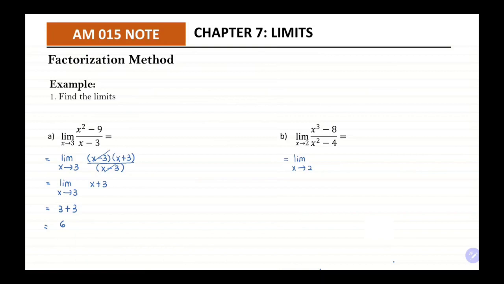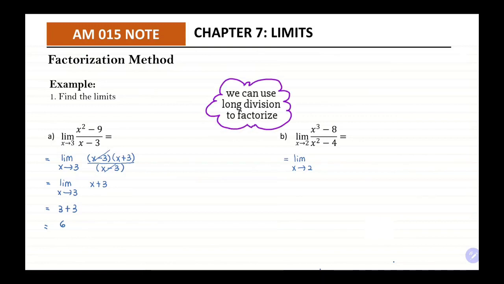Since you already learned about long division, we use long division to solve this one. We take x cubed minus 8 divided by x minus 2, since we know 2 is a zero of x cubed minus 8. We multiply by x squared, then we get x cubed minus 2x squared. Then we subtract; there is no x squared term, so 0, and we get 2x squared minus 8.